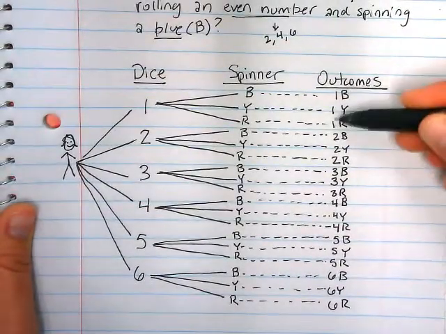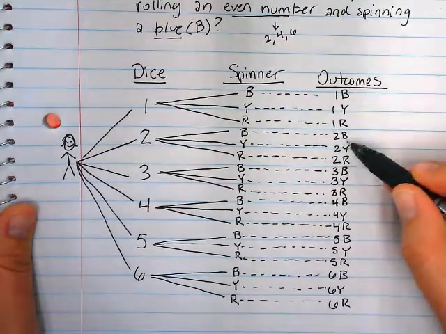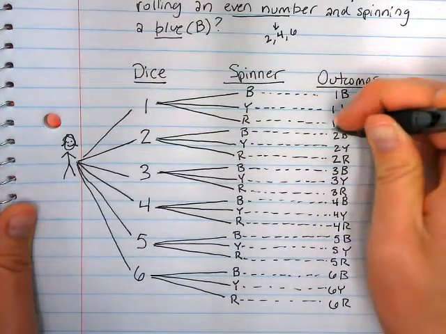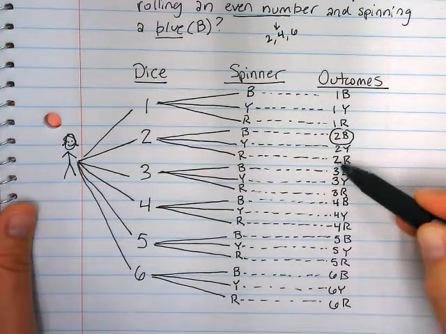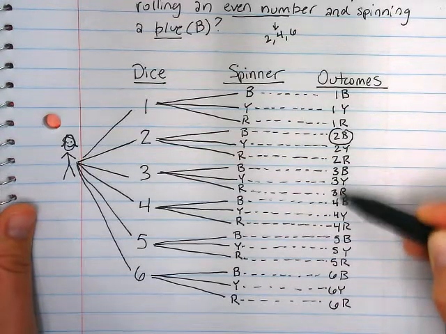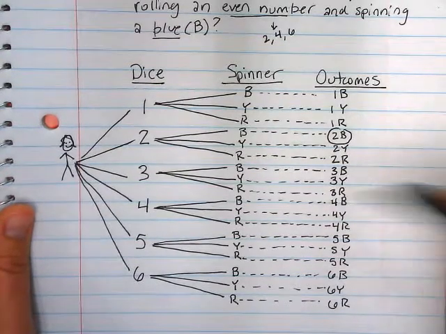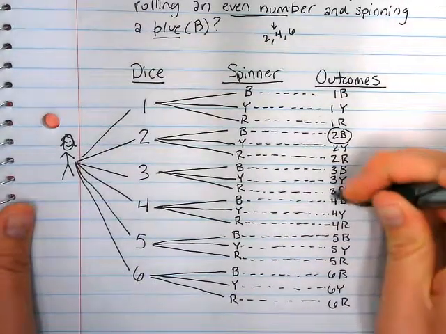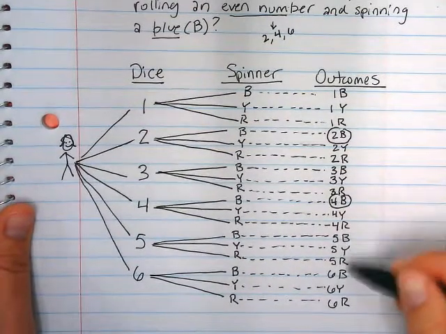These 3 have a 1, so they automatically don't count. This one is 2 and blue. Hey, that's an even number and a blue. Let's circle it. This is 2 in yellow, not a blue. 2 in red, not a blue. These 3s here are not an even number, so I'm not looking at those. 4 blue, even number, blue. Let's circle it. 4 yellow, 4 red, those aren't blue.